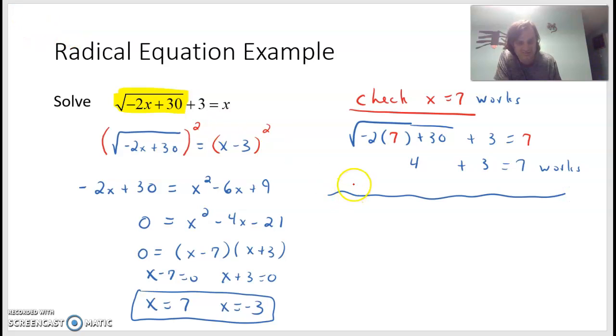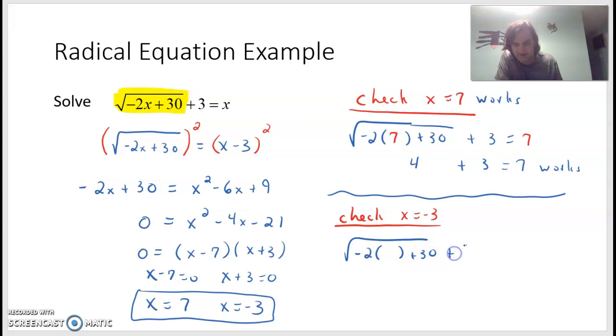And then with the other one, we will check x equals negative 3. So we will plug it into the original. We have square root of negative 2 times negative 3 plus 30 plus 3 equals negative 3.